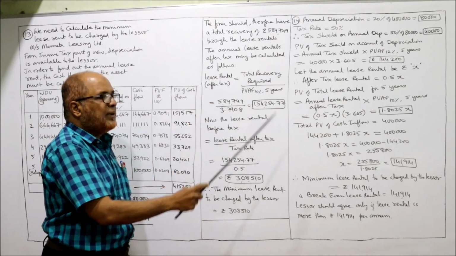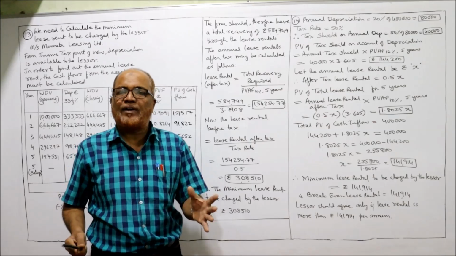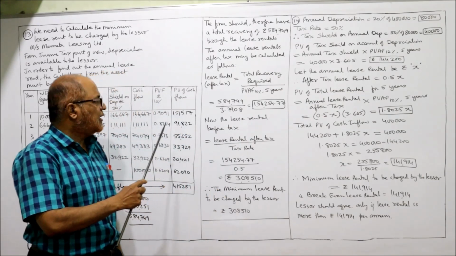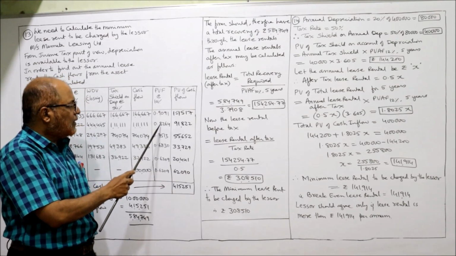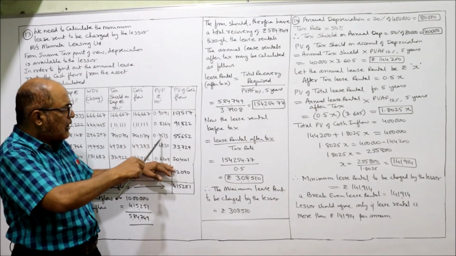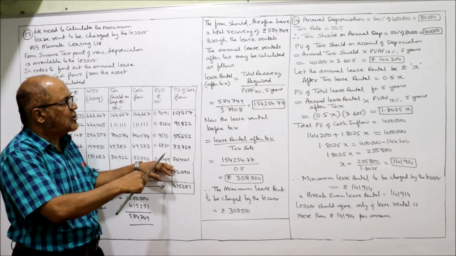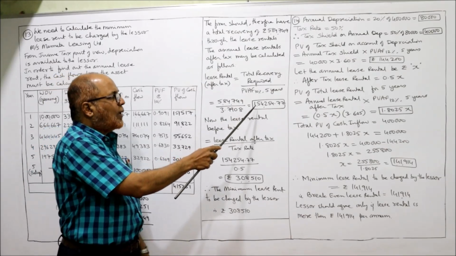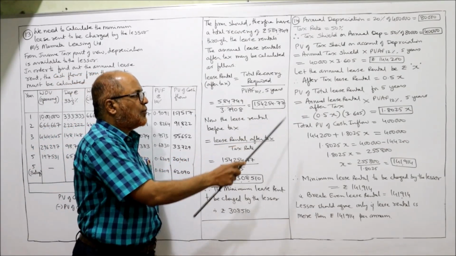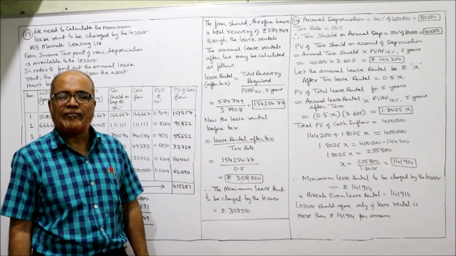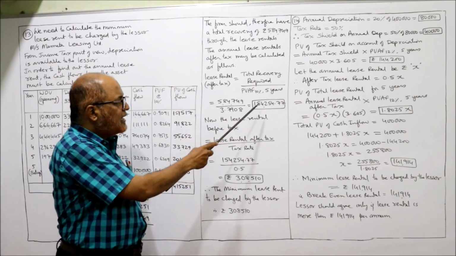And PV of annuity factor, refer the annuity table, or if you don't have the annuity table, you take the total of 1, 2, 3, 4, 5 years, the total of these PV of rupee 1 values. You will get 3.7908. Divide, 1,54,254.77. This is the lease rent after tax. After tax, annual lease rent.